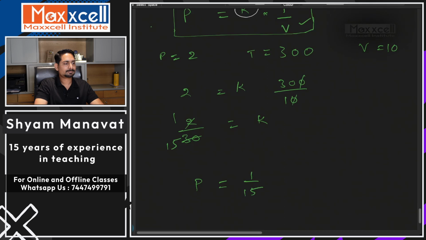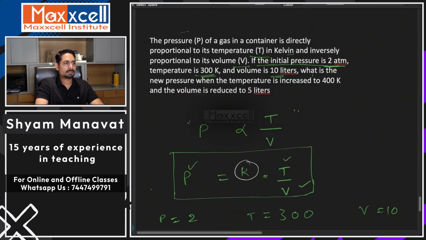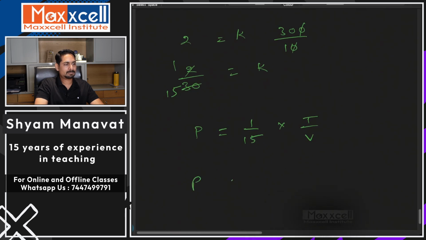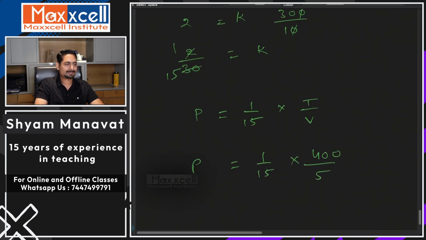All right. T by V. Now this time they have a new pressure. We need to find out if the temperature is 400 Kelvin and volume is 5 liters. Let's find out the pressure for temperature 400 Kelvin and volume 5 liters.